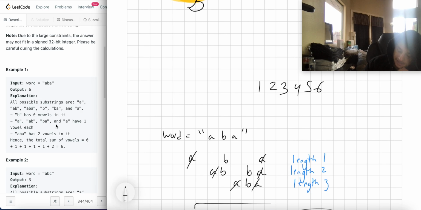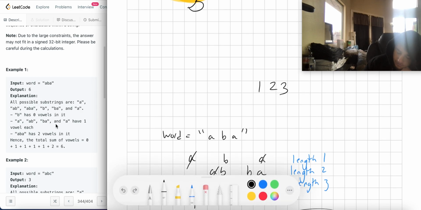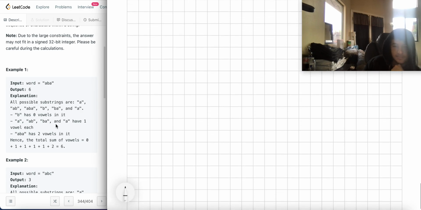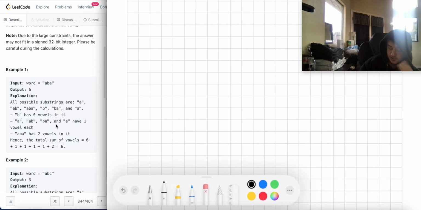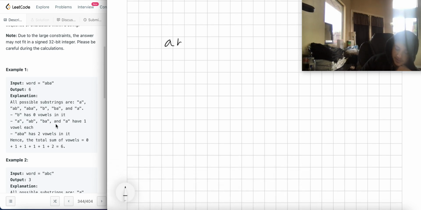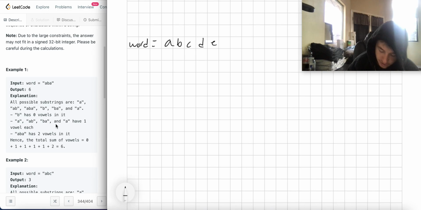So let's look at a different example problem so we can get a better intuition about how this is supposed to work. If we had A, B, C, D, E, imagine that was a word. Let's first look at all the substrings that could exist.